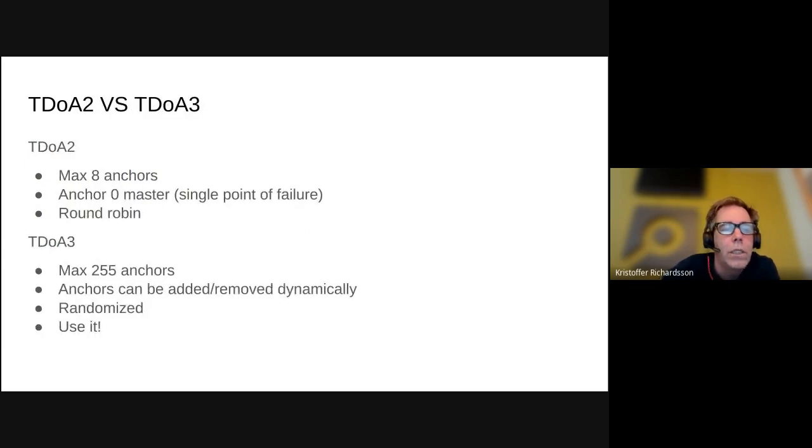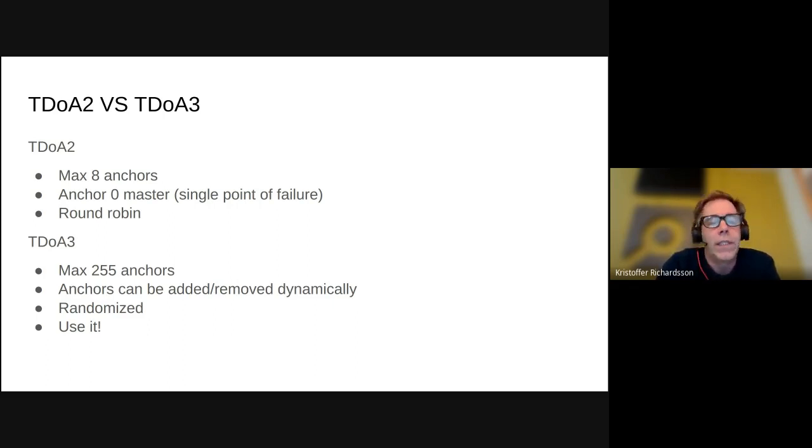I have mentioned the TDOA 2 and the TDOA 3. TDOA 2 was the first version we did, and that's limited to 8 anchors, and the anchors are transmitting in a fixed time sequence in time slots, synchronized to anchor 0.